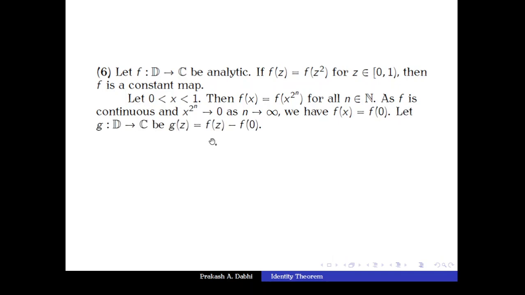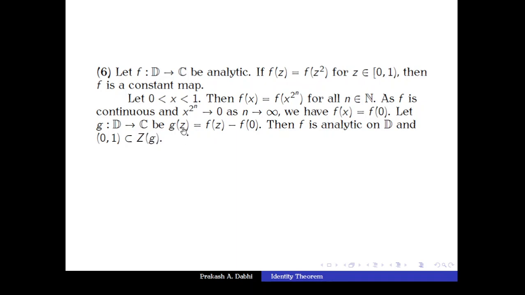Now we define a function g from D to C by g of z equals f of z minus f of 0. Then g is analytic on D, and the interval (0, 1) is a subset of Z(g), the set of zeros of g. Why?